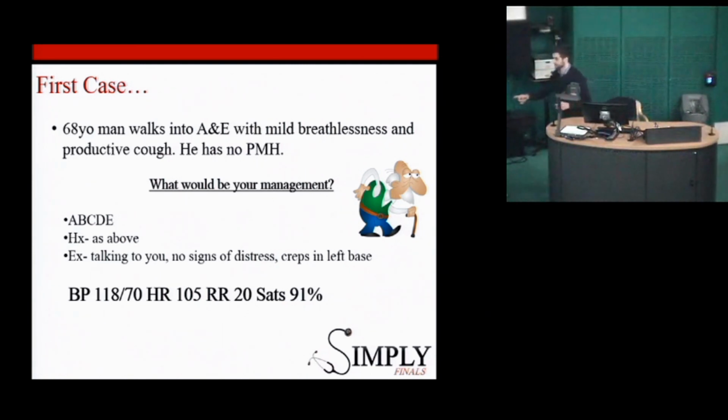So grab a Hudson mask while you're there as well. These are Hudson masks. Just shove that down. So nasal cannulae, you can put that down. Oh, take a cake as well.